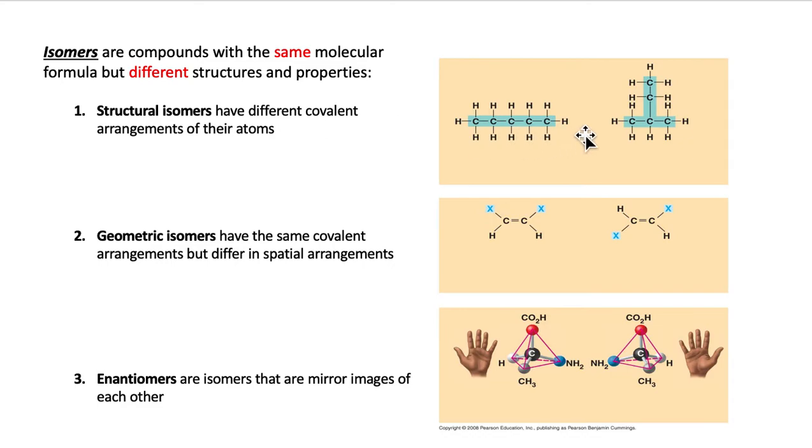As it's shown in here, we see hydrocarbons with the same molecular formula but different arrangement of atoms. Geometric isomers, on the other hand, have the same covalent arrangement but differ in spatial arrangements, as it is shown on the second image. And lastly, enantiomers are a group of isomers that are mirror images of each other. It's similar to our right and left hands.